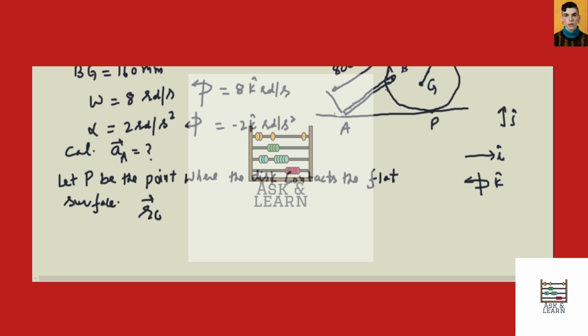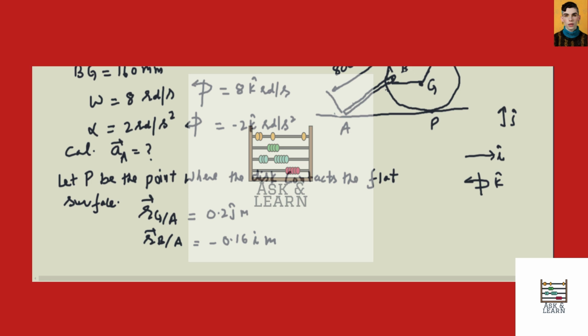Radius vector of G with respect to A is 0.2 j cap meter. That of V with respect to A is minus 0.16 i cap meter.